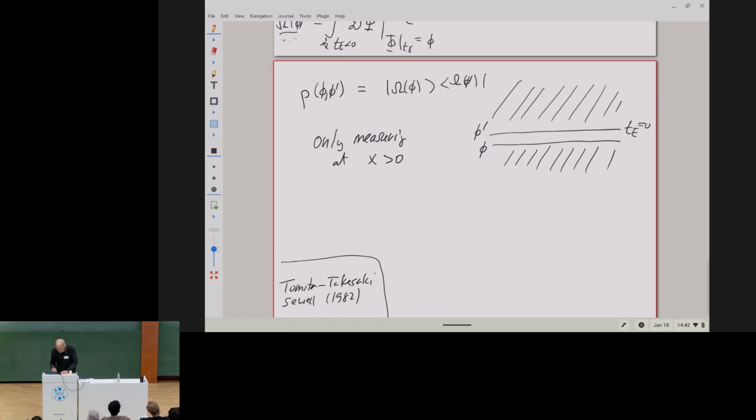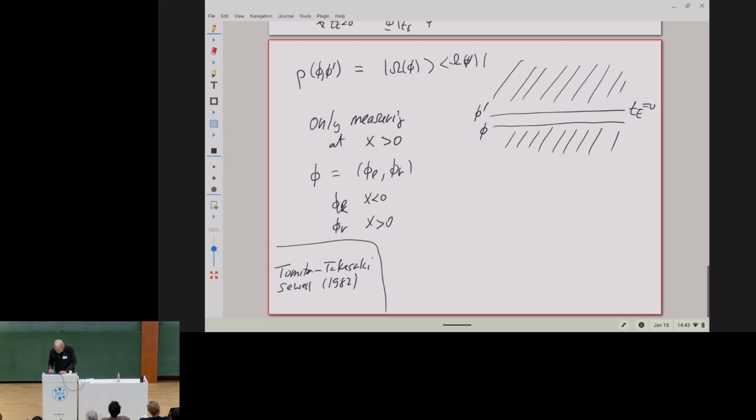So for that, first of all, we think of the field phi as being a pair, phi left and phi right, where phi left lives at x negative, phi right lives at x positive. And of course, they share a common value at x equals 0, which we're going to ignore. That's part of the slightly non-rigorous nature of this type of presentation.